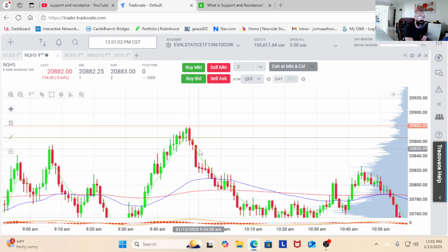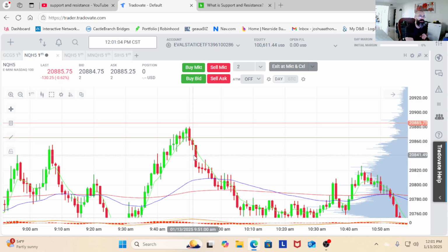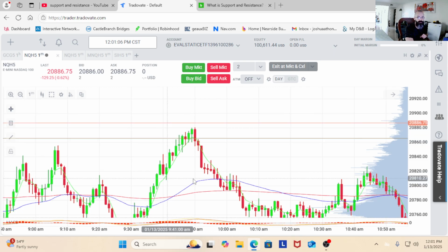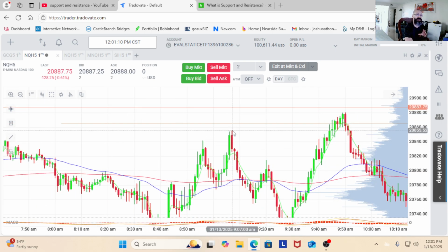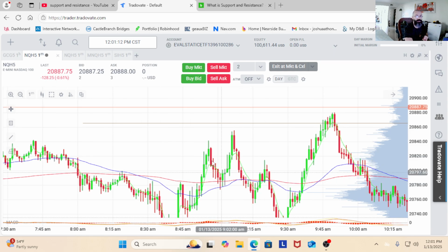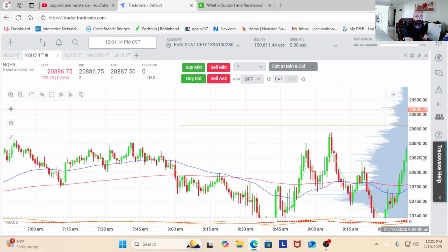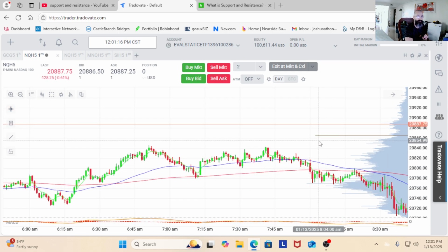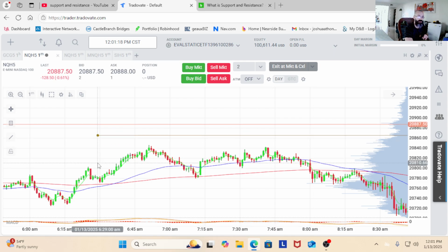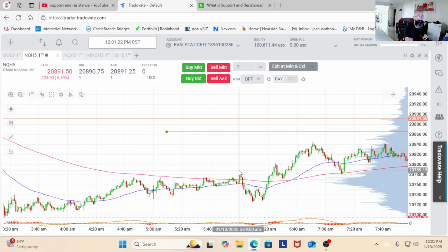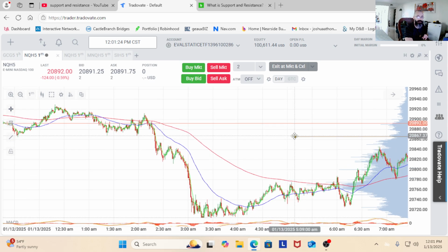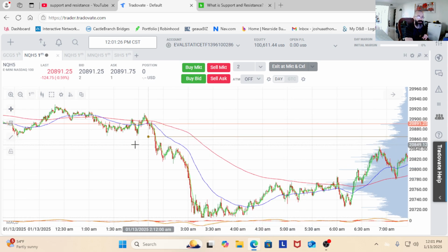It still technically held it as a resistance because it couldn't sustain the price, so it fell back down. You can see here the price almost got to it, but didn't quite get to it. So that was still a fairly good resistance. Let's keep drawing it. Up until about this point right now, it's been a resistance.